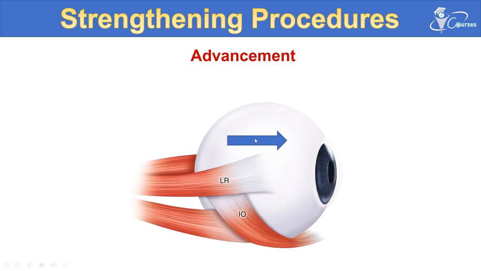So the treatment of choice here is to take this over recessed muscle from its backward insertion and move it forward, in order to reinsert it more forward toward the limbus. This will improve the action of the muscle and correct the consecutive exotropia, making the eye aligned in the primary position. Okay, so this is for the advancement.